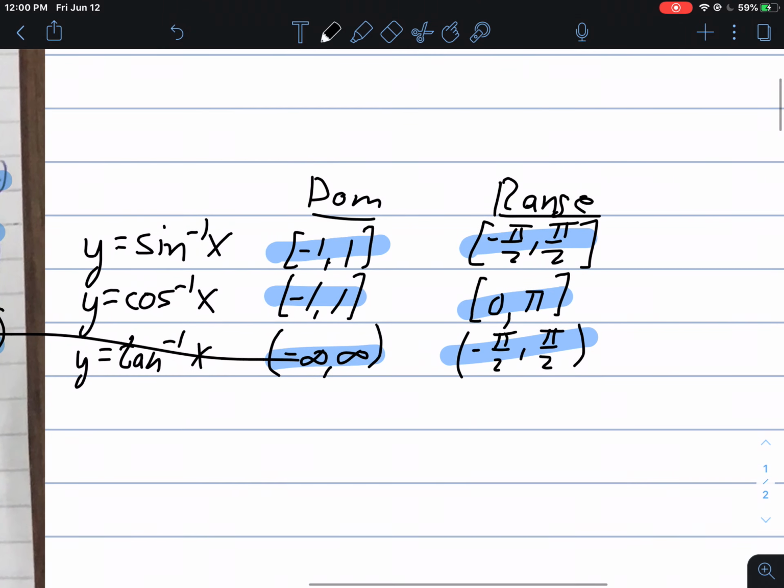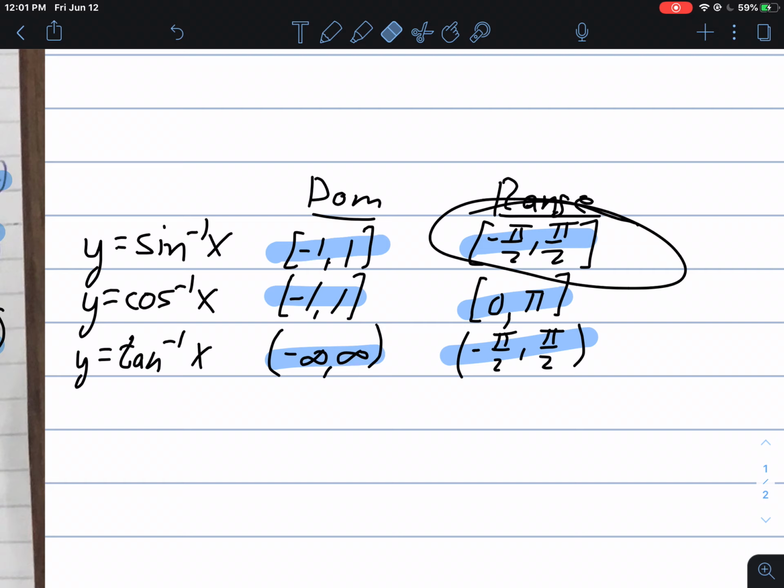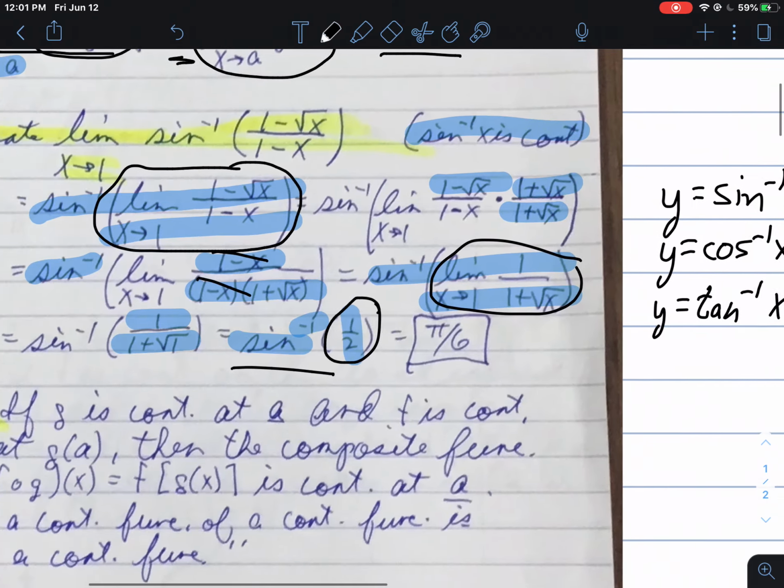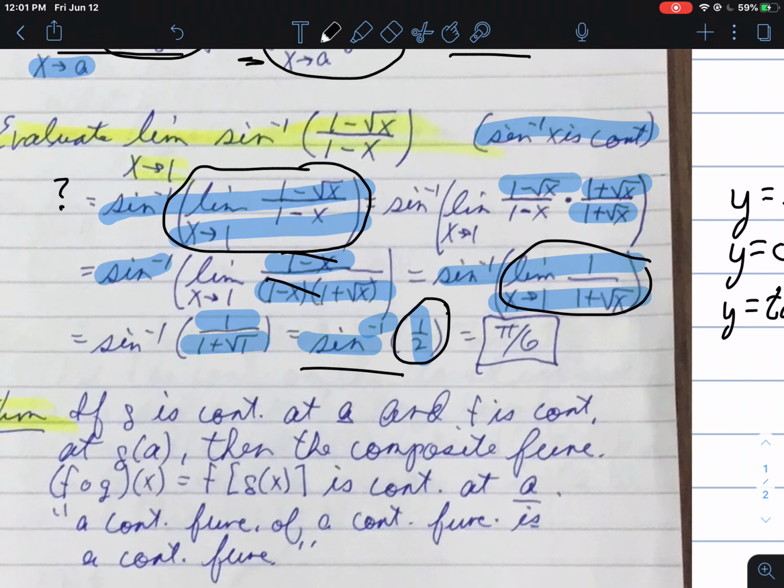This is where it always comes into play, and that's the part that everybody forgets. So I'm evaluating the inverse sine of 1/2. I'm looking for the angle that has a sine of 1/2, and that's where I go back to what I said earlier: you've got to know those basic trig function values, because the sine of pi over 6 is 1/2.